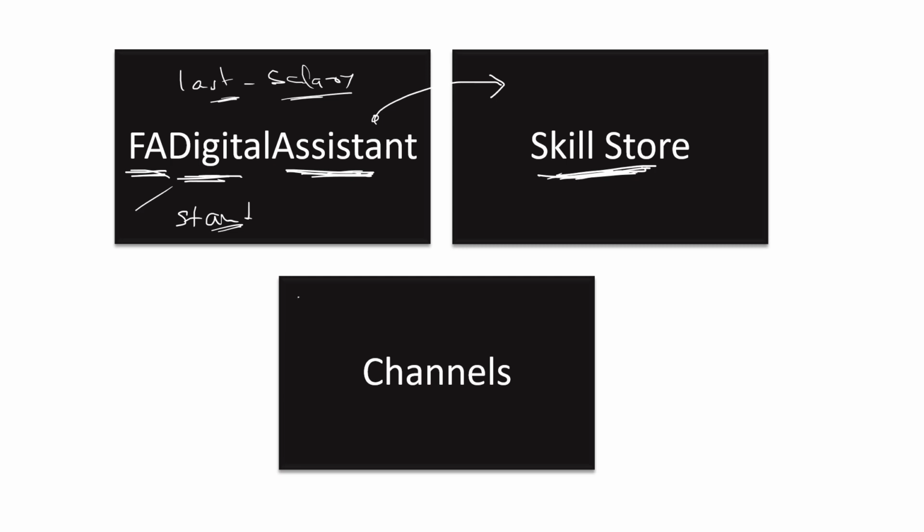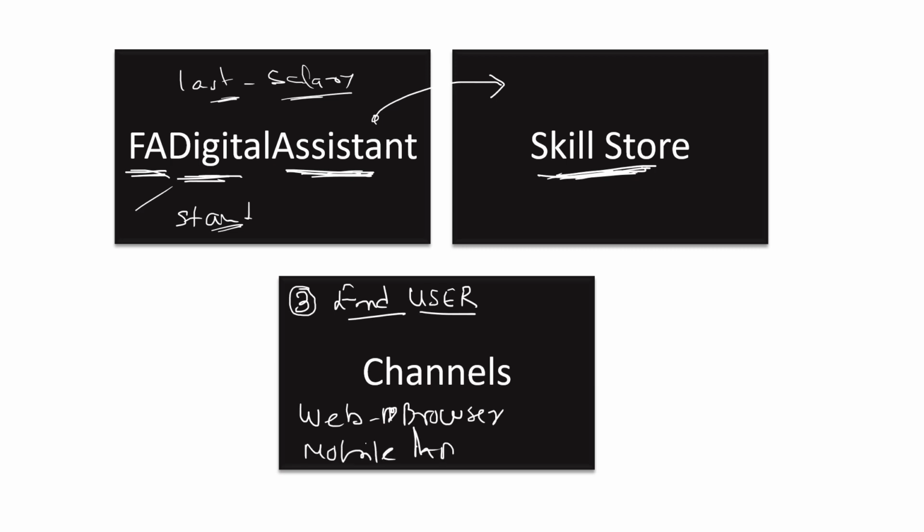The third important part we have to understand is the channels. What are the channels? They are the places from where the end user is going to interact with this chatbot. It can be from the web browser, or it can be through the mobile application. So these are the channels.